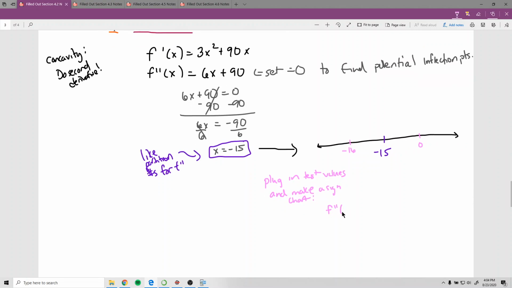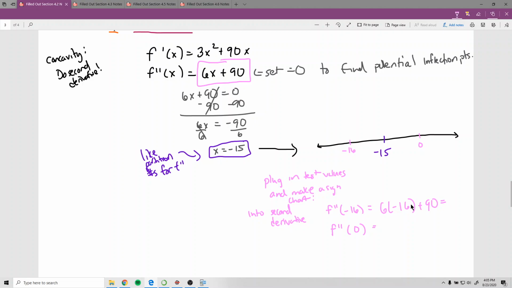And we're plugging them into the second derivative, because that's what we're checking. We don't want to plug them into the first derivative, because that's going to tell us increasing or decreasing. We want to plug in to the second derivative. All right, here's our formula for the second derivative. Plug in negative 16. We got 6 times negative 16 plus 90.